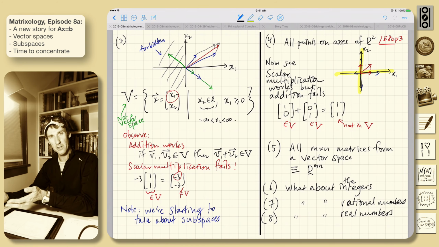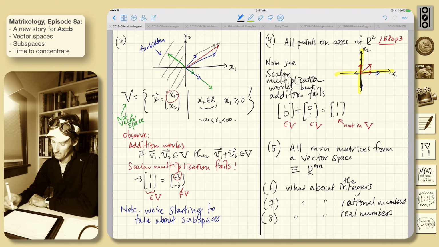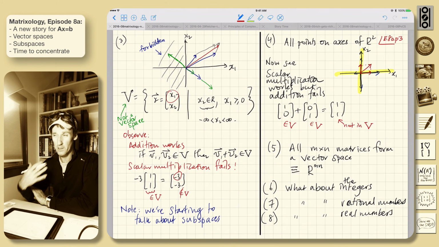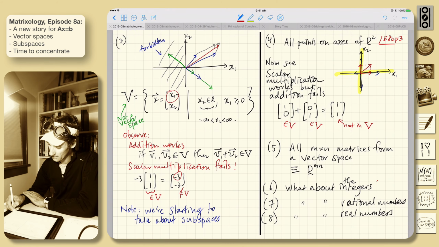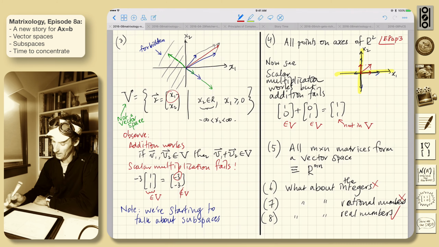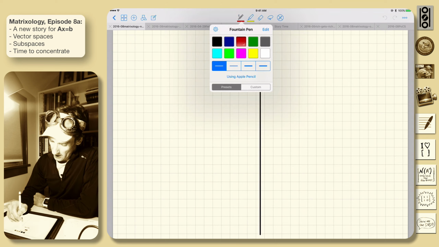You add integers together, you still get an integer. You add rational numbers together, you still get rational numbers, but they fail. They fail because of the scalar multiplication, because we always multiply in this game. We're always going to multiply by real numbers. So that's a no. A real number times a real number is still a real number. So yes. Good. Nutritious.